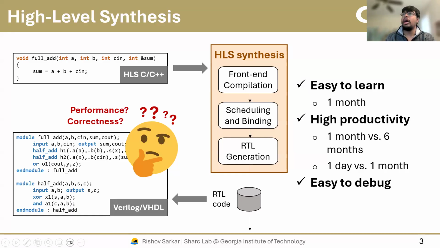But of course, you may not be certain about the performance and correctness of the code that comes out the other side of this HLS synthesis process. So, you've written a full adder here, but how many cycles is that actually going to take when the HLS tool implements it? And how do we actually test that it's correct?